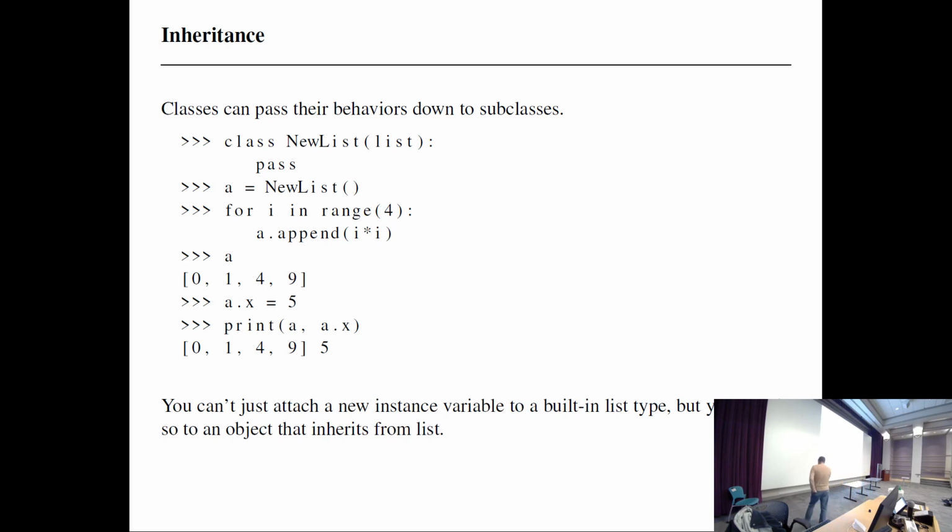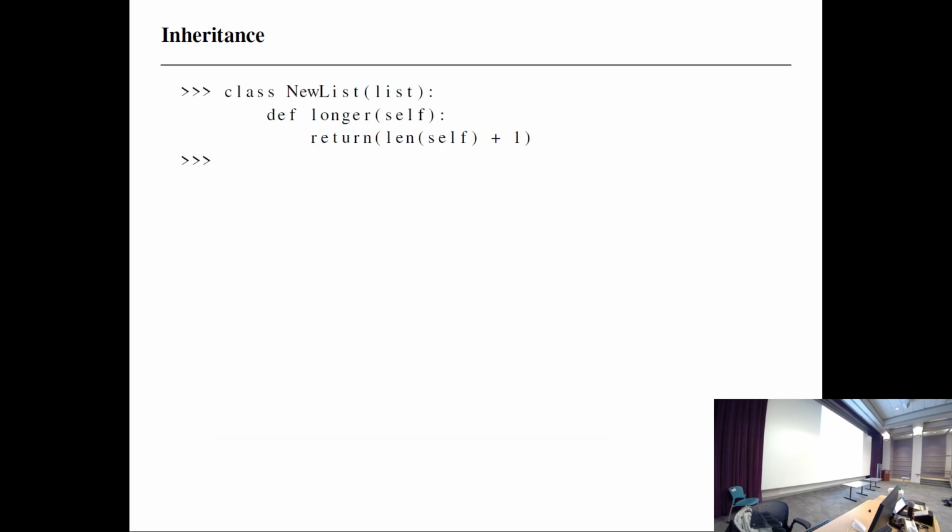So this ability to attach extra instance variables to an instance of a class, you can't do that to built-in types, but you can do it by adding a veneer of a new class that inherits everything from that other list type. So this is one feature of inheritance that we can use in Python.